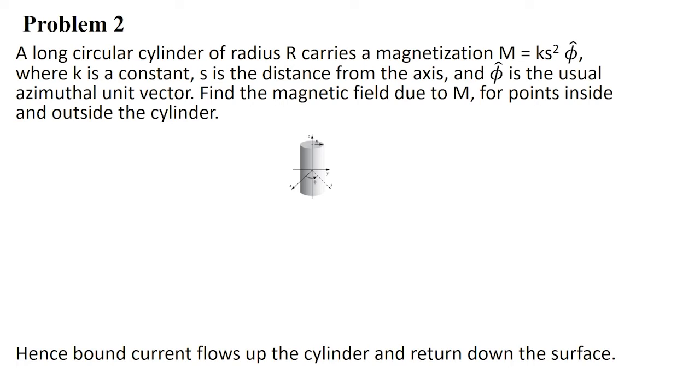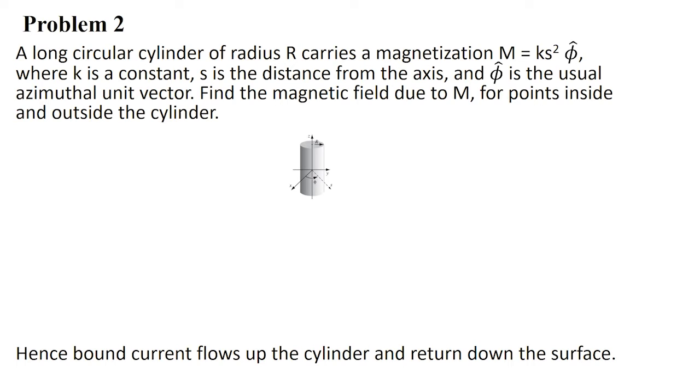Like we have considered a cylinder, and this is the distance from the axis, where k is a constant in this equation, and phi cap is the unit vector. We have to find the magnetic field for this.